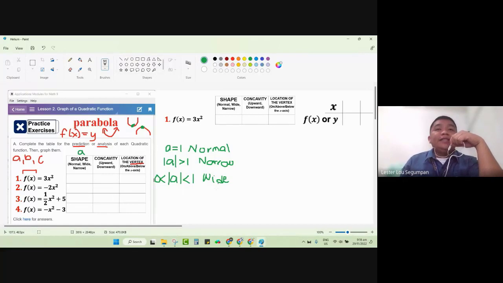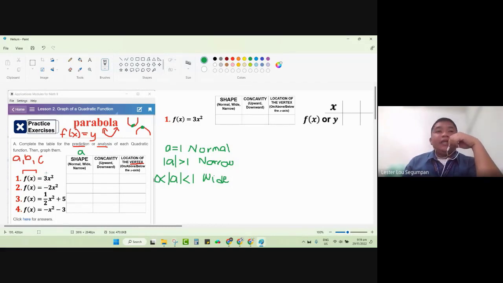Okay, so let's use this perspective in determining the first answers for the first four functions here. What do you think in our graph later would be the shape of the first function? Is it in a normal perspective, wide or narrow? Our a coefficient here is 3 and it's greater than 1.